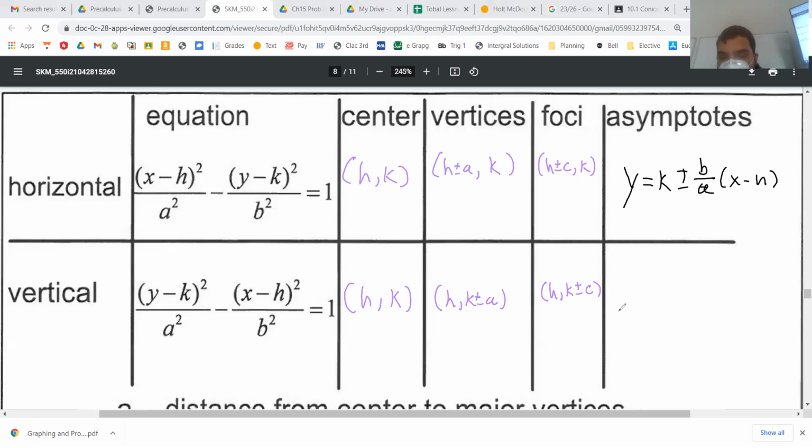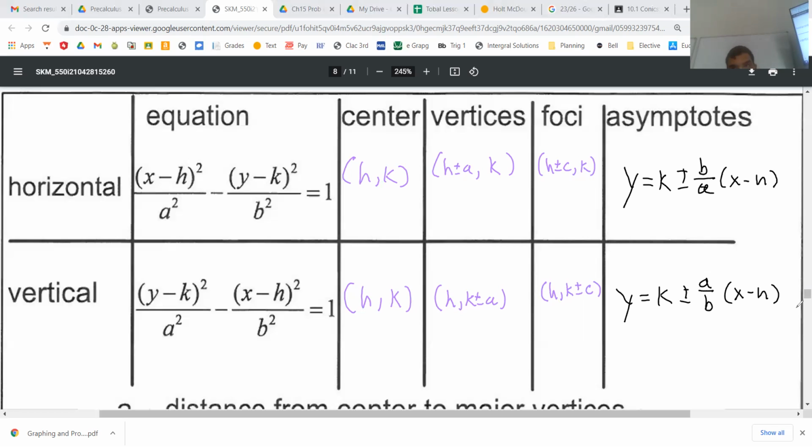You would think it would be Y minus K, but it's actually A over B, X minus H for the vertical one. So that's the actual difference.